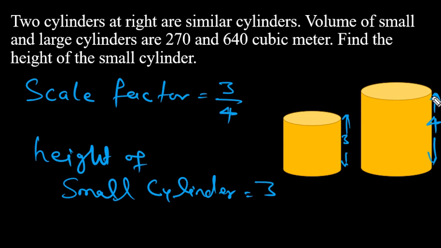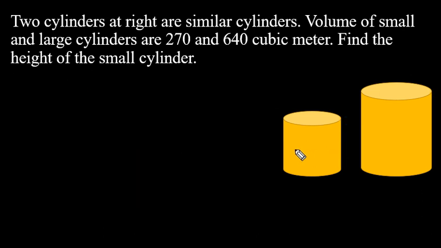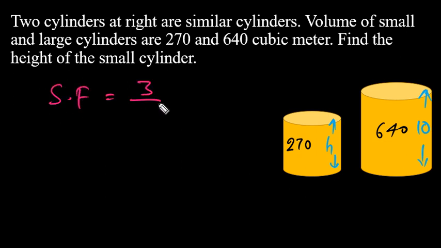But let me just change one more piece of information here. Now in this case, let's say it has given this as 10 and this information is not given, this is h, and the rest of the information I keep the same, 270 and 640. So the scale factor we did is 3/4, right?